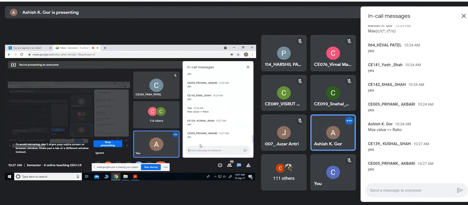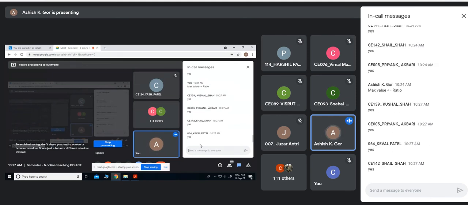Okay. Now I want to add one more thing. And that thing is: why can the ratio never be less than 1? Yes, this question can be there, right? Why can the ratio not be less than 1?